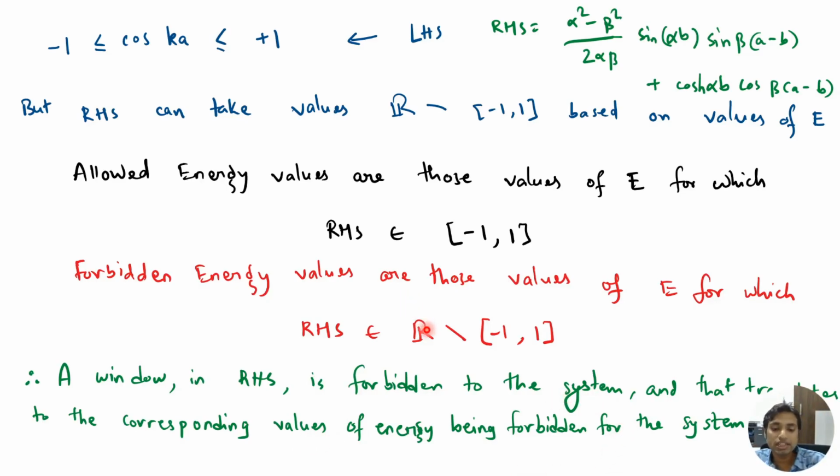That's what the forbidden energy is, the region in which the right hand side is not between -1 to 1. So with this, for a periodic potential we quantitatively saw the formation of energy bands.